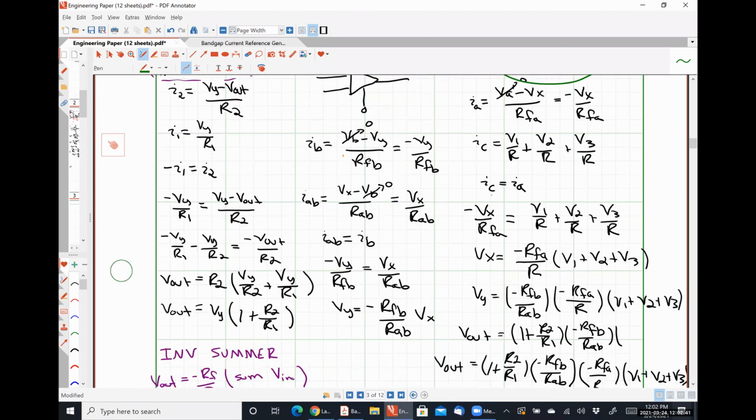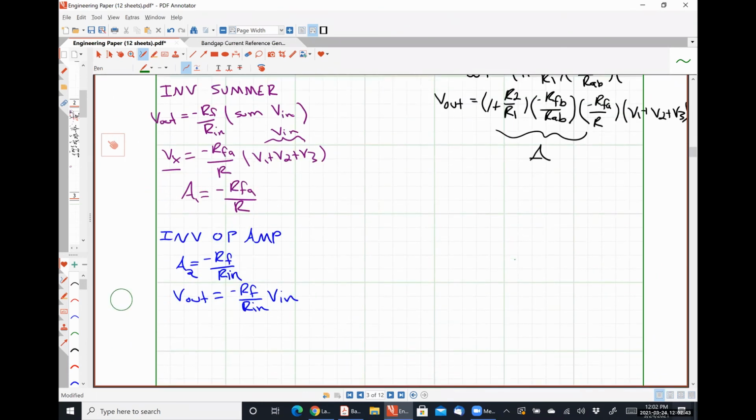We also know the gain equation for this. For non-inverting, we have A equals a positive RF over Rn, plus 1.